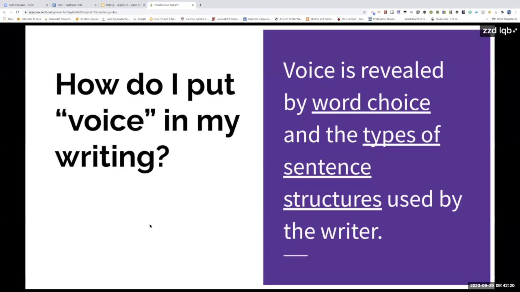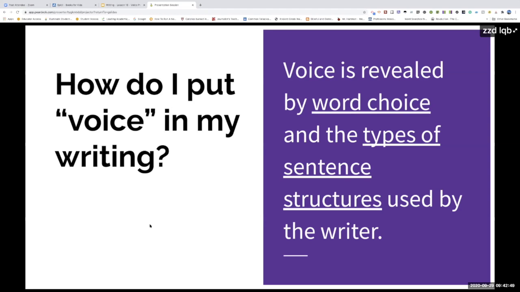Even though we didn't watch the movie clip of Forrest Gump yesterday, Forrest Gump uses very simple sentences and very basic vocabulary. And one of the clips that we did see yesterday was Vizzini from Princess Bride. He was very into letting people know how smart he is, so using big words, analyzing, very bombastic, very arrogant.